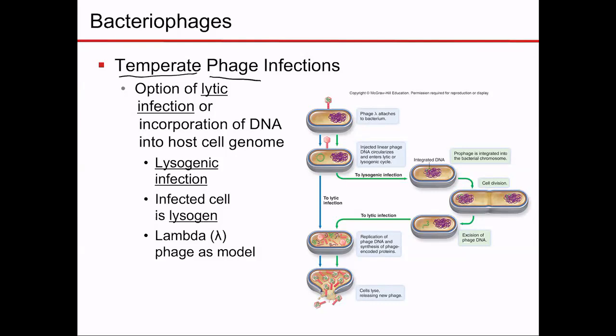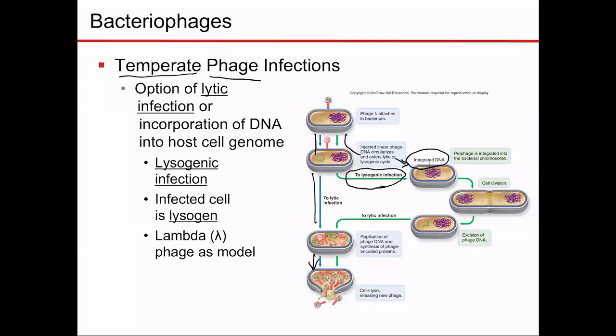It's a virus that could just produce a lytic infection, like the one that I just described, or depending on the conditions in the environment, the virus may go into a lysogenic infection in which the genome of the virus gets integrated in the chromosome of that cell.